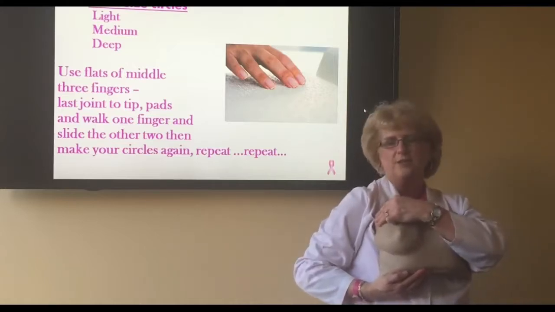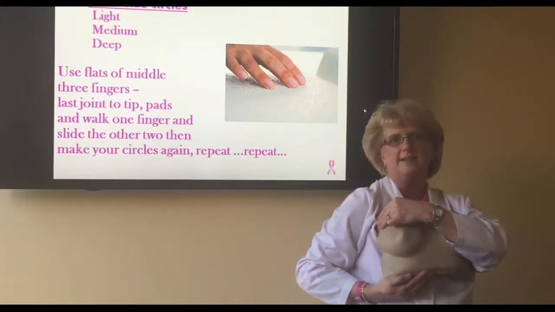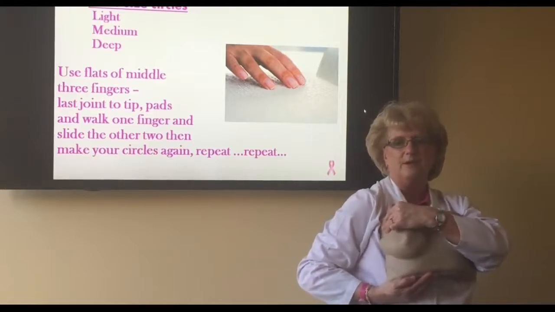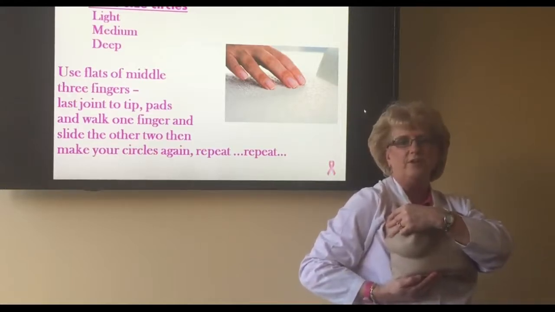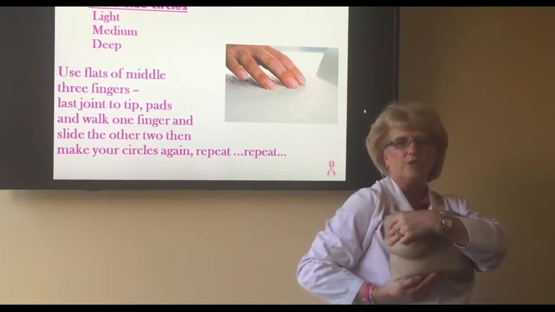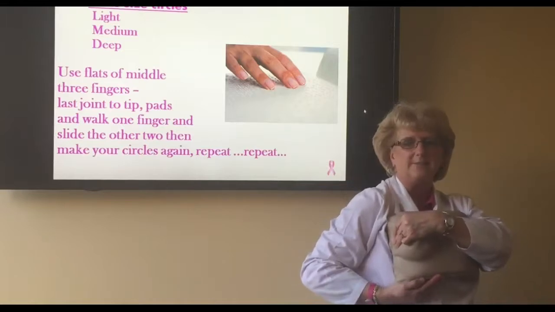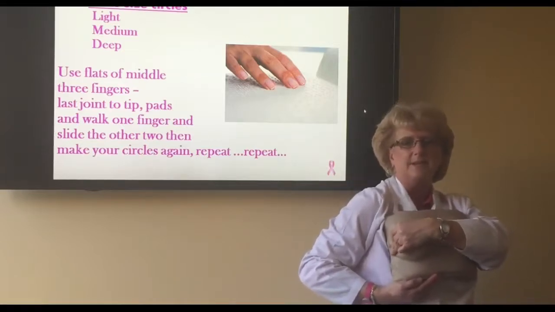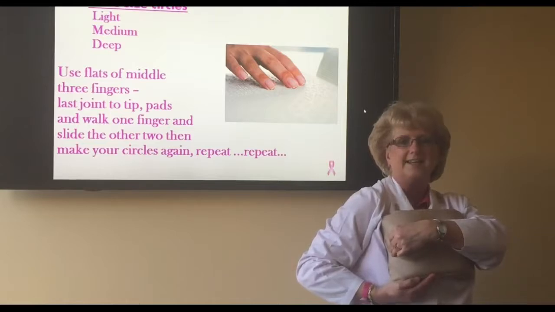You're going to take your 3 fingers and make a light, dime-sized circle, then go deeper and then deeper. Then you're going to walk a finger and slide the other 2 fingers to meet. Light, medium, deep.